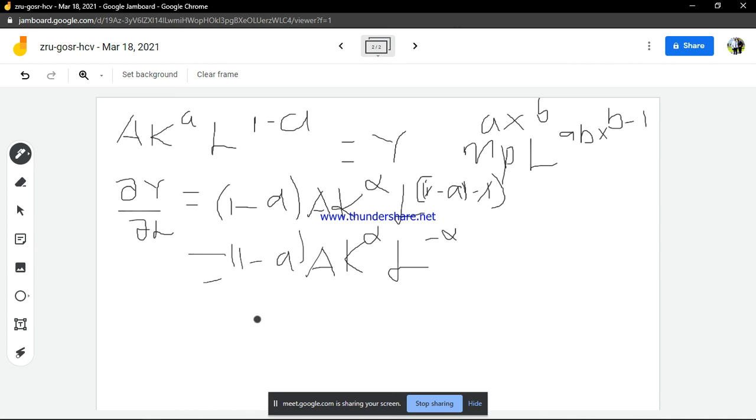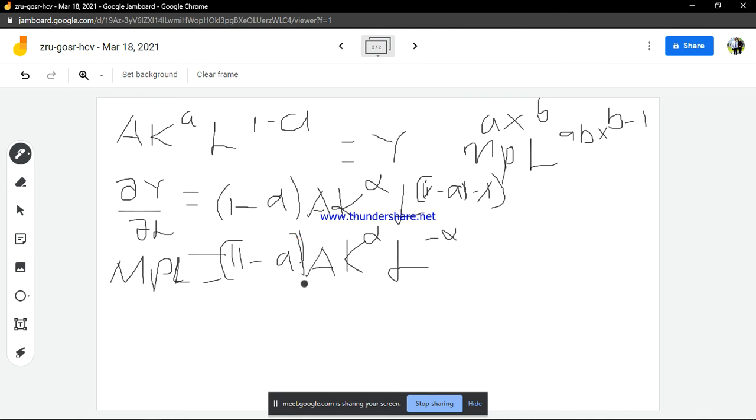Thank you so much. So now that we have this is what we call the marginal product of labor, because we have differentiated this function with respect to labor. So this is the marginal product of labor.